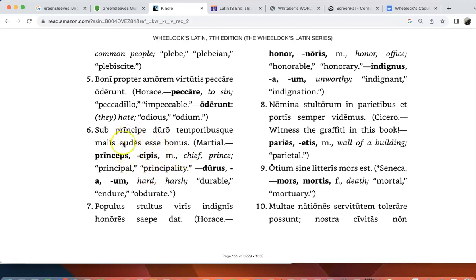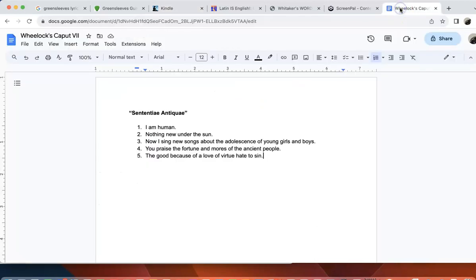But then they give us some further clarity. So princeps here is being used as the prince, so the person in charge. And then duros is hard or harsh, in other words, very strict. So we put that together as under the harsh prince. So under the hard prince, in other words, he was very strict in his rule.